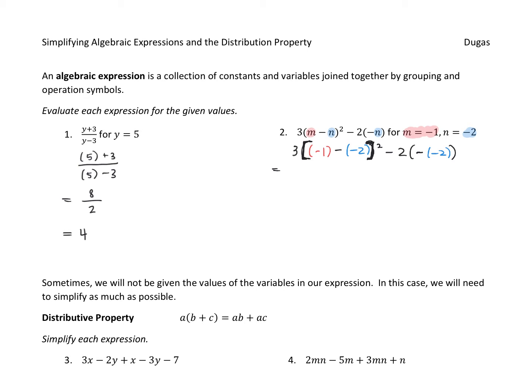So within the brackets here, we'll have 3. Let's look what happens here. We have a -1, and then we have a negative and a negative. So this is minus a -2, but those two negatives can multiply together to give us a plus. Okay, so that's really -1 plus 2, and then we're going to square that.